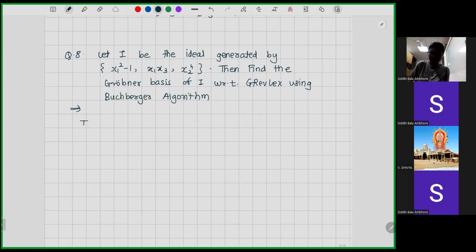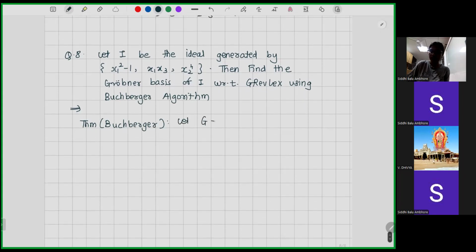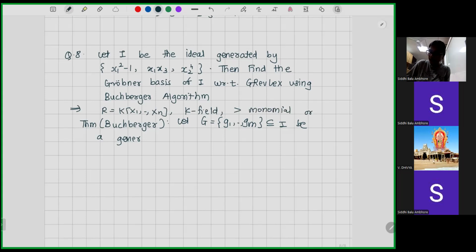So what is Buchberger algorithm? It is given as the theorem of Buchberger. It says that G equal to G1 to Gm contained in I is a generating set. The setup is that R is k[x1 to xn], k is a field, with some fixed monomial order.